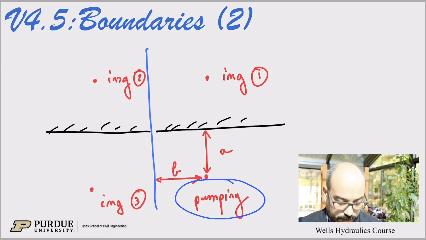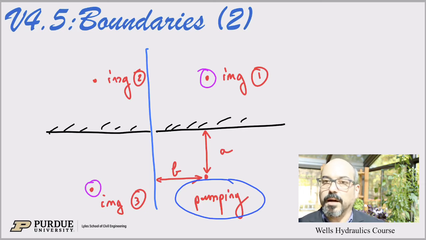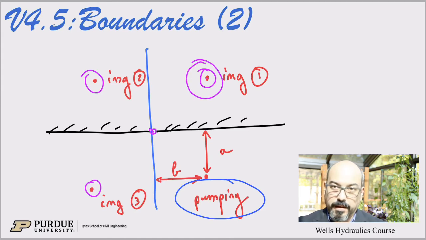So of course we're going to put an image across from that no-flux boundary to represent the mountain range, and we're going to put an image across from the river to represent that constant head boundary at the river. But now we also need to add a third image across that corner, because our image 1 here is going to take water off of our river, and that doesn't work. So now we need another image to compensate for this.